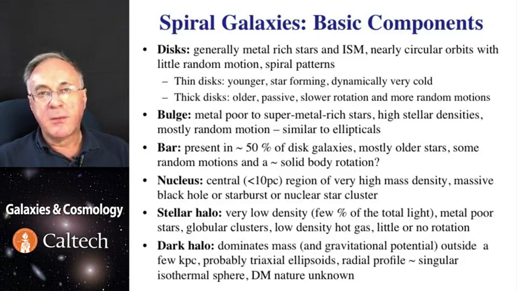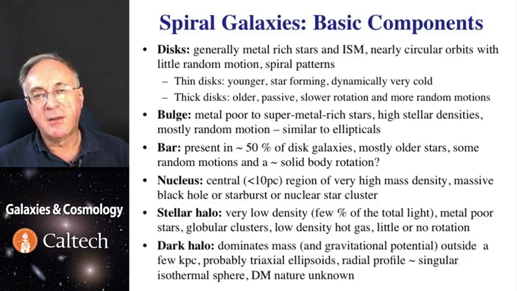In contrast to that, the most extended stellar component is the stellar halo, and that is composed out of metal poor stars, kind of stars that make dwarf spheroidal galaxies. So we believe that all of the stellar content of the galactic stellar halo is from disrupted, merged dwarf galaxies that have been torn apart by tidal forces, and they've populated the halo, and there is a lot of good experimental evidence for that.